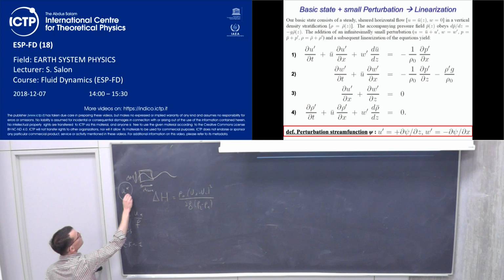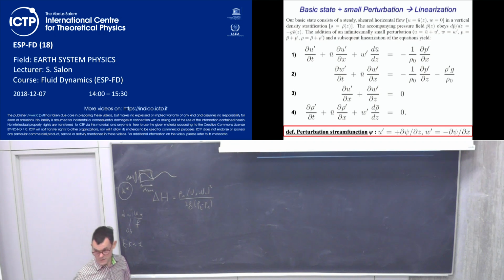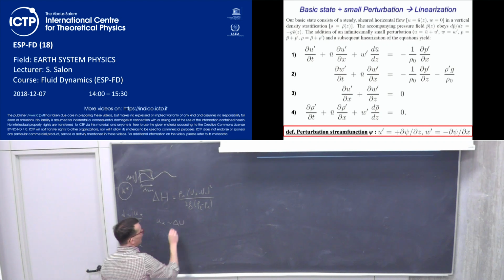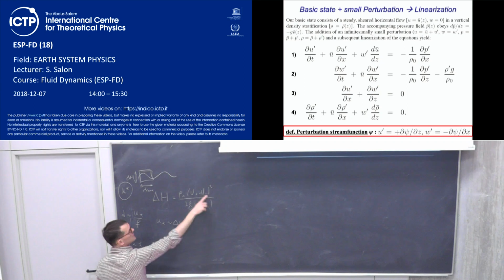So if we include this expression here, which I remind you is called the friction velocity, the friction velocity is actually a measure of the variation in the velocity.